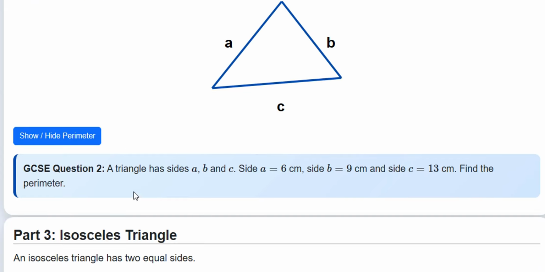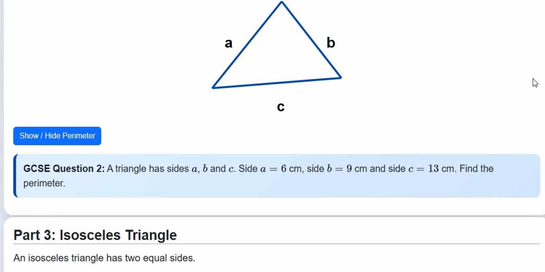So with that knowledge, can you try an example? You are told a triangle has sides A, B, and C. Then side A is 6 centimeters, side B is 9 centimeters, and then side C is 13 centimeters. Then find the perimeter. So the perimeter P is given by adding all the sides, which is A plus B plus C, but you already know the sides themselves.